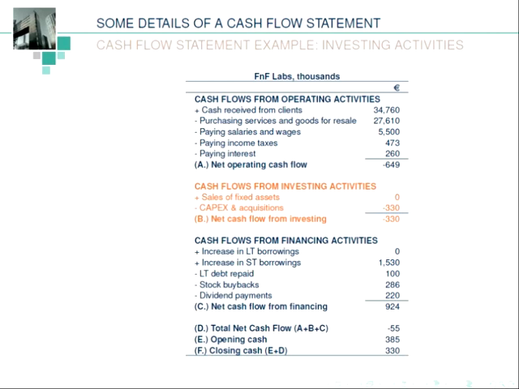That leaves us with the third and last category, namely the financing activities. In the financing activities category, we have cash inflows if the firm commits to new borrowings, long-term or short-term, but also if the firm would issue new stocks.